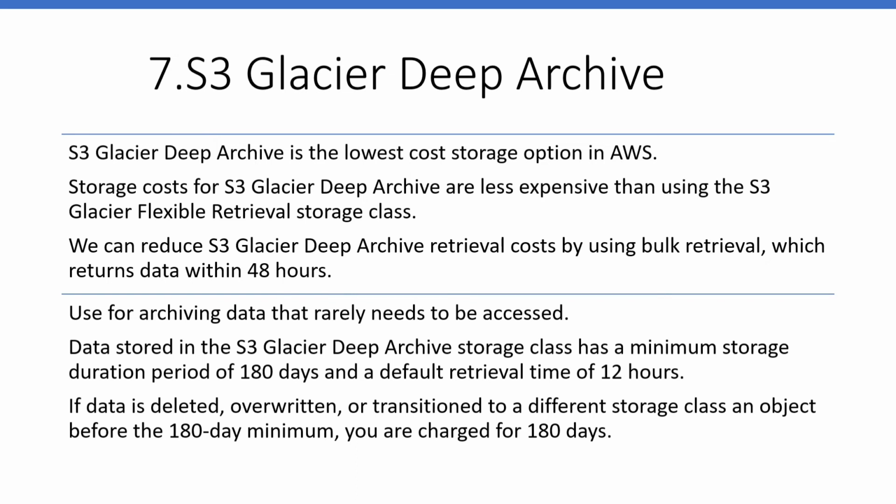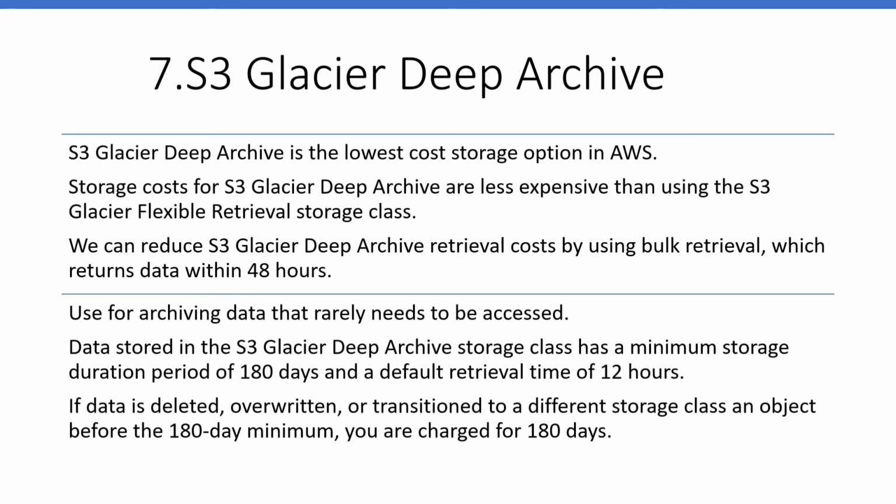Okay, so friends, I hope I covered all those 7 storage classes for S3, and I hope you got to learn what the different storage classes are. So let me summarize everything. If you are looking for frequently accessed data, then we can go for S3 Standard, which is the default storage class.